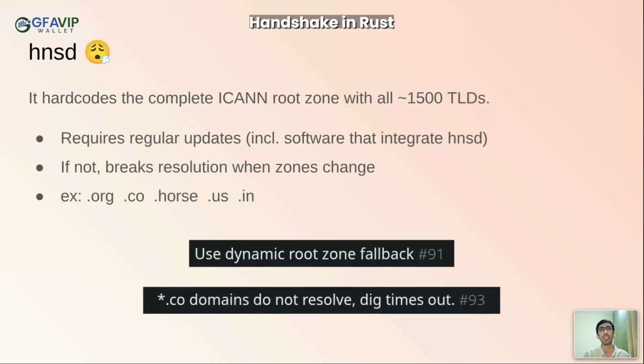Like with HNSD, it hardcodes the complete ICANN root zone with all of the 1500 top level domains. That's like 30,000 records. These records aren't meant to change frequently, but they do change. And when they change, HNSD will need to be updated with the new records.